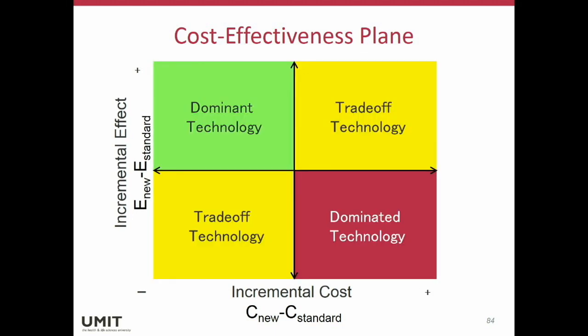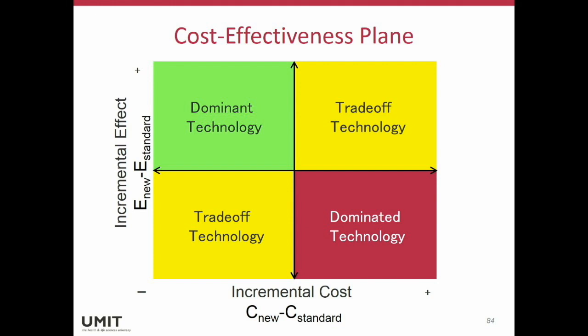And if it is more expensive and less effective, we call this a dominated strategy. We would definitely not implement this. So therefore, we marked this red. And then the green one, these are the dominant technologies. And then we have the yellow ones where we have the trade-off.